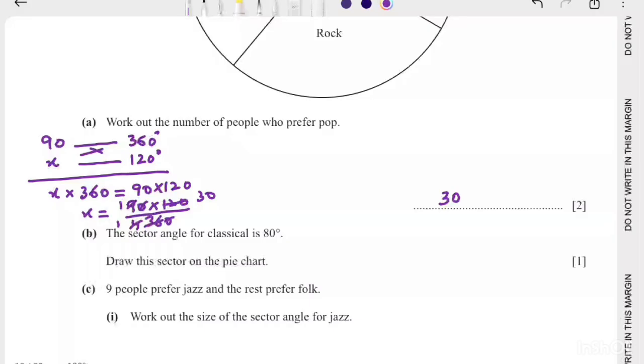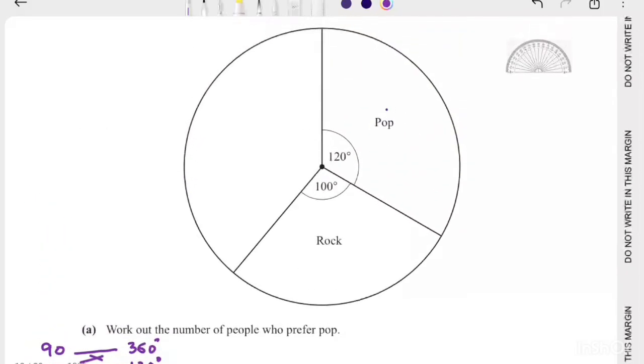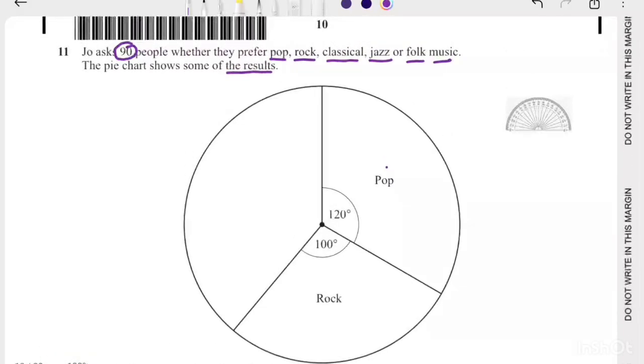Now B part, the sector angle for classical is 80 degrees. Draw this sector on the pie chart. Now we have to take help of a protractor. Now we are going to draw.